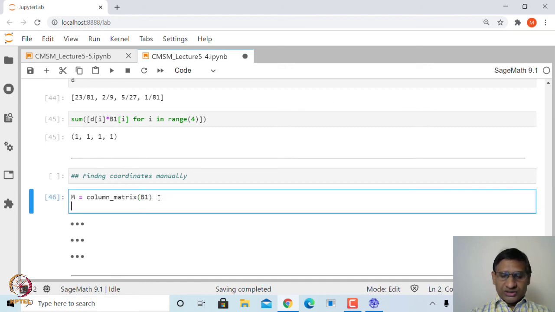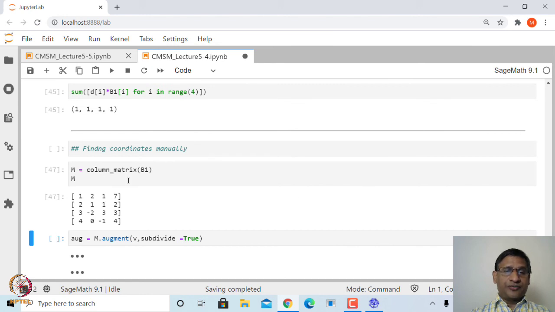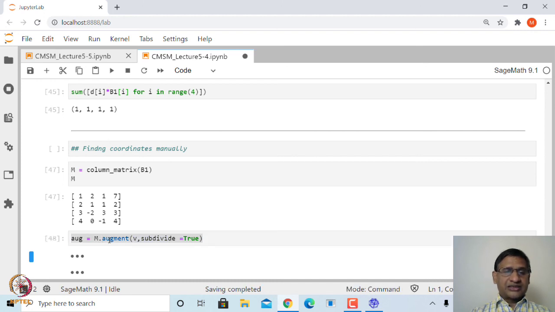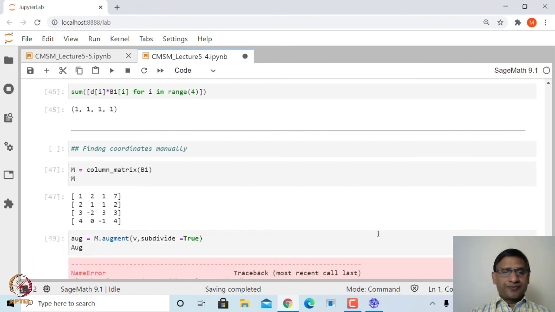So the way to find it is we can define a matrix M. The first column will be the vector u1, second column is u2, third column is u3, fourth column is u4. How do I solve? We want to solve Mx equal to v. So we just augment v to capital M. That's the augmented matrix.